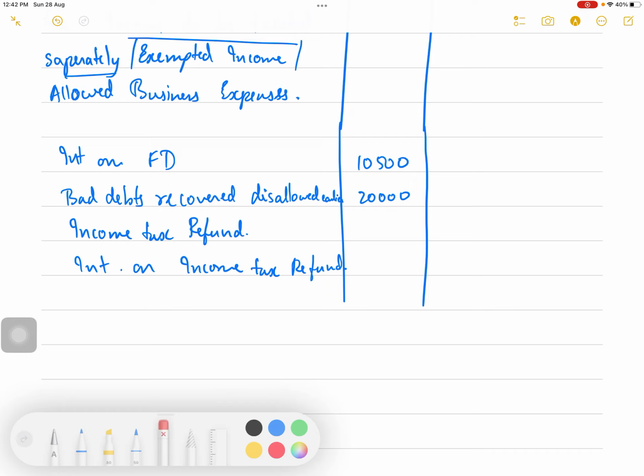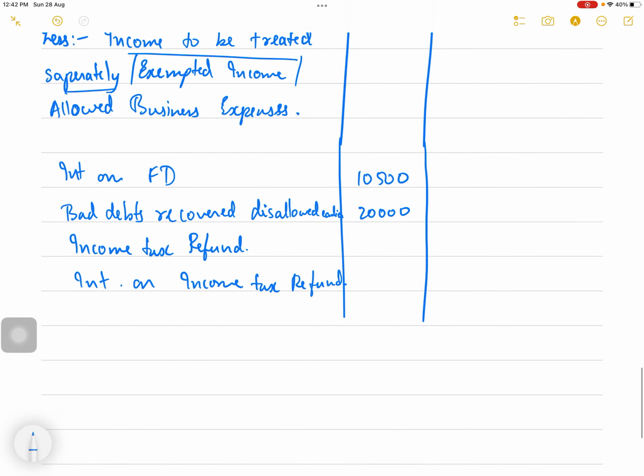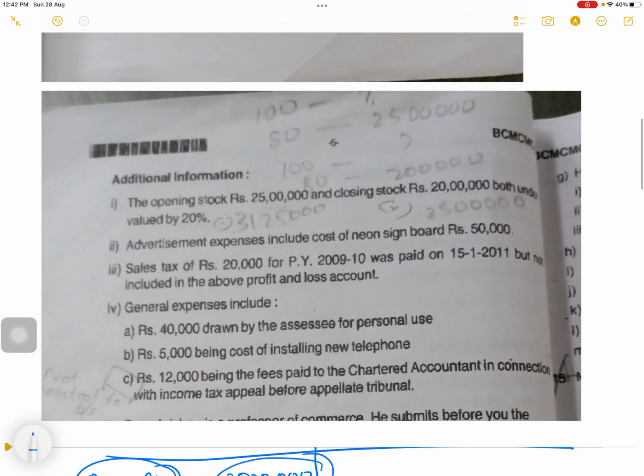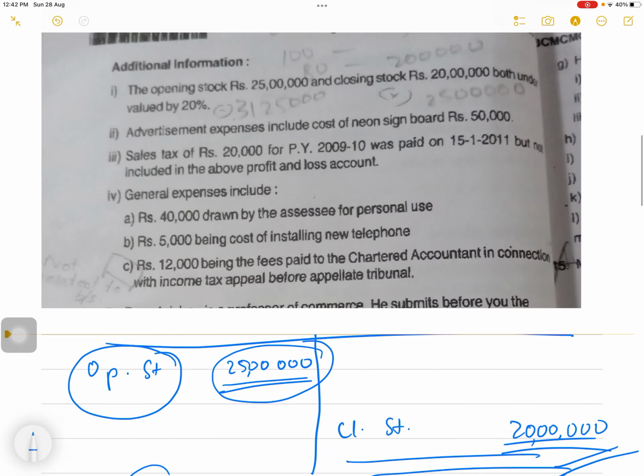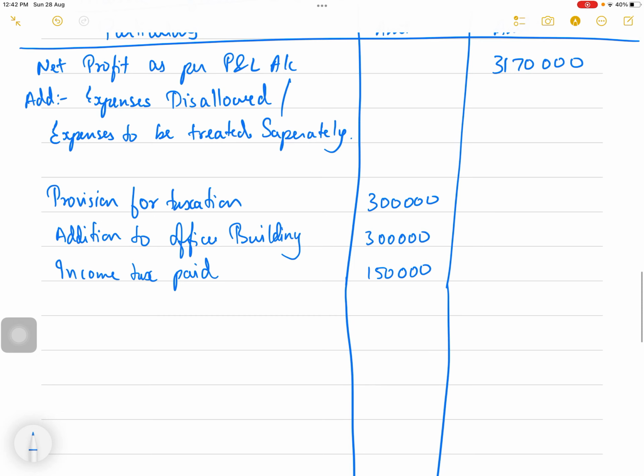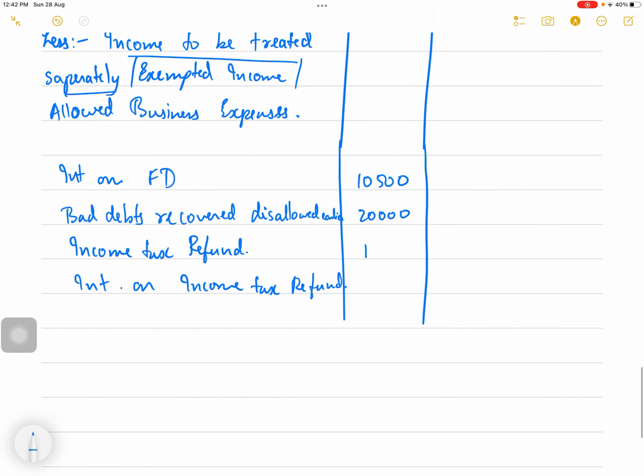Okay, and then the other things were, the amount is 10,000, 1,500. Next one is rent received.